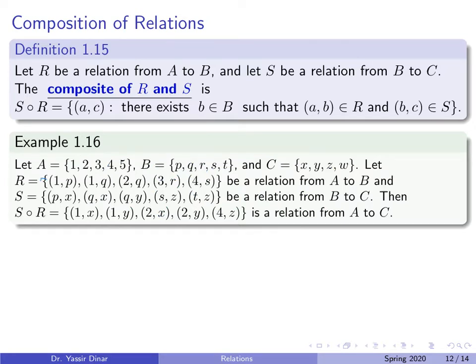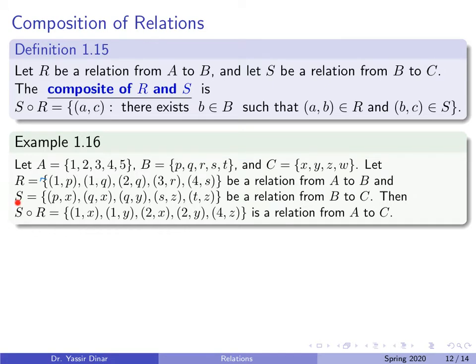Here we have my set A, which contains 5 elements from 1 to 5. B is also 5 elements: B, Q, R, S, and T, and C is 4 elements: X, Y, Z, and W. And I define the relation R from the set A to the set B by taking the pairs 1B, 1Q, 2Q, 3R, and 4S.